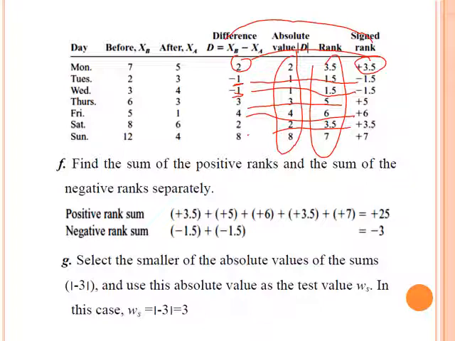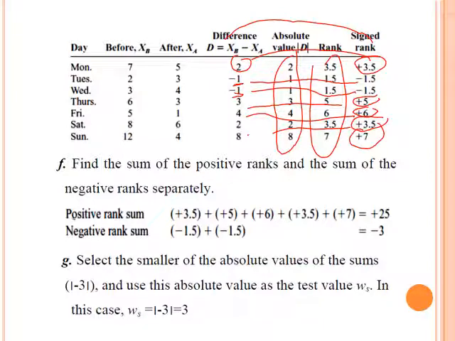Step F: find the sum of the positive ranks only. Please concentrate. Find the sum of the positive ranks. So we have the positive ranks: plus 3.5, plus 5, plus 6, 3.5 and finally 7.